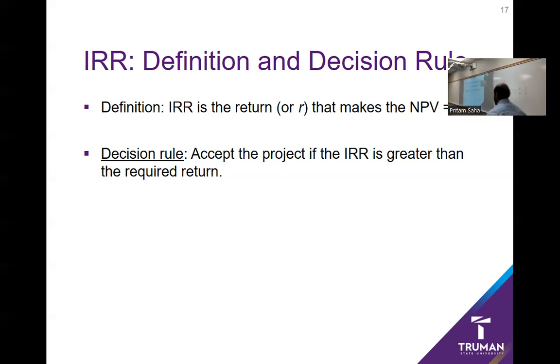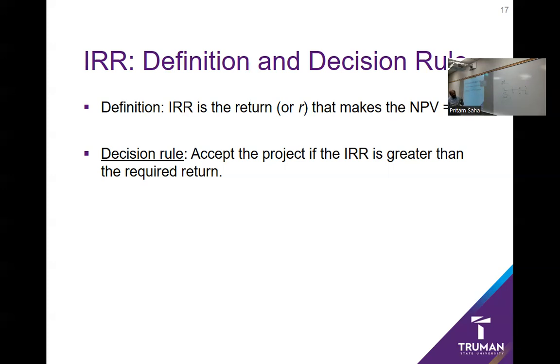Now, decision rule. If we want to evaluate any projects using IRR, at what condition should we take the project, or at what condition should we reject the project? So basically, before evaluating the project, you should know the required return.